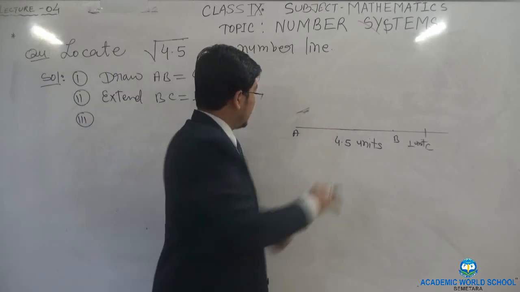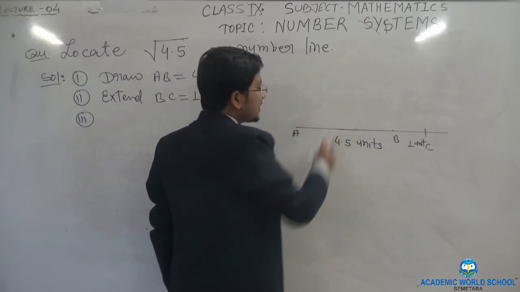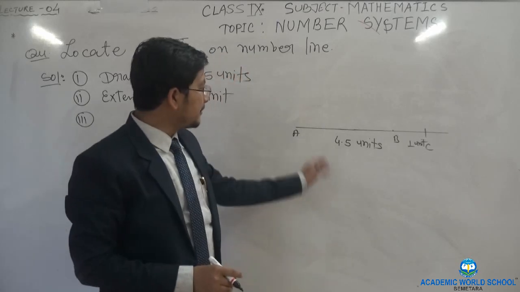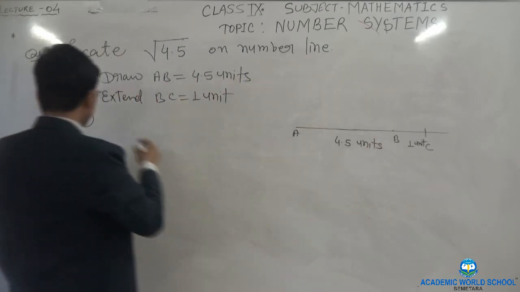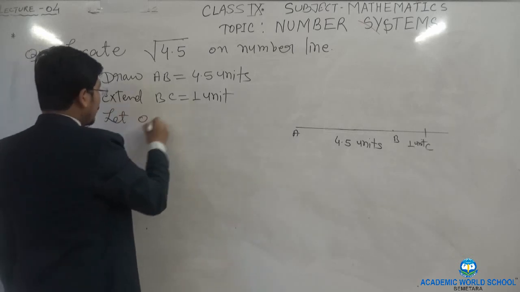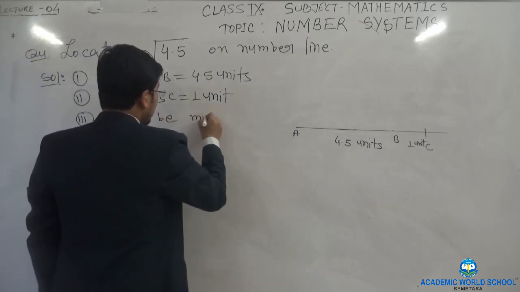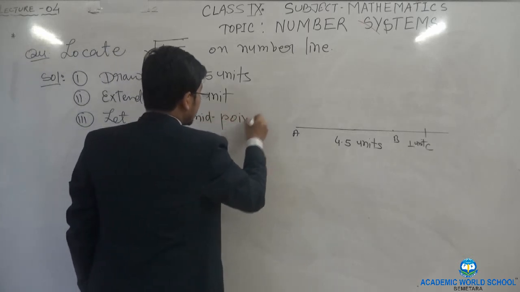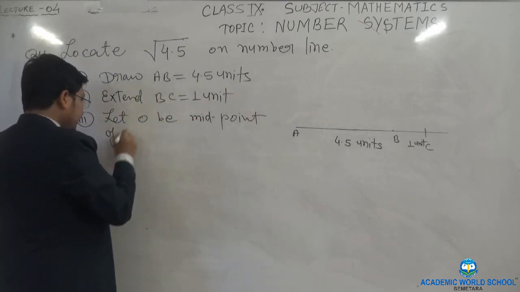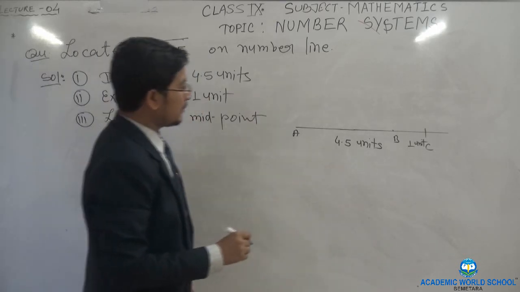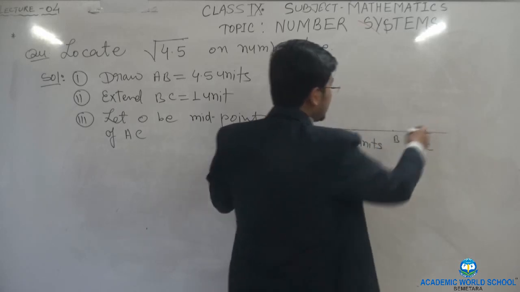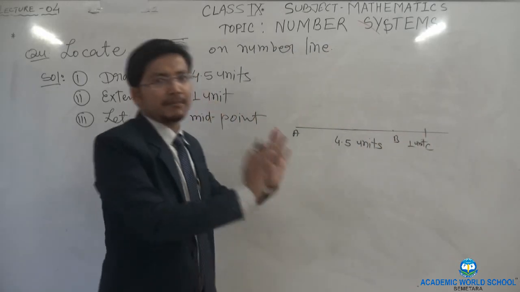draw the midpoint of AC. Let O be the midpoint of AC. Now let's say we are going to draw the midpoint of AC. You know how to draw the midpoint of a line segment.